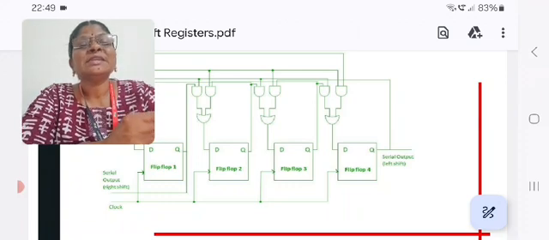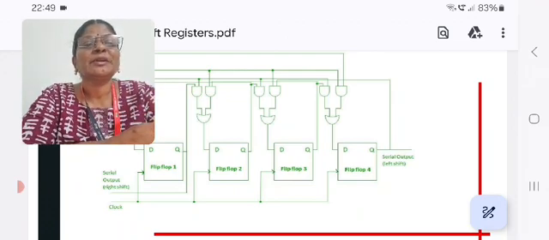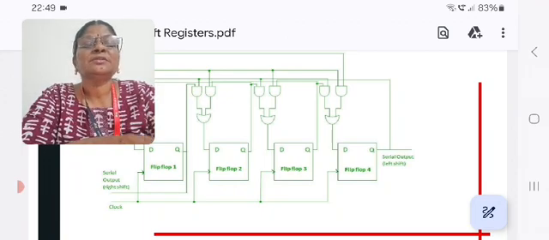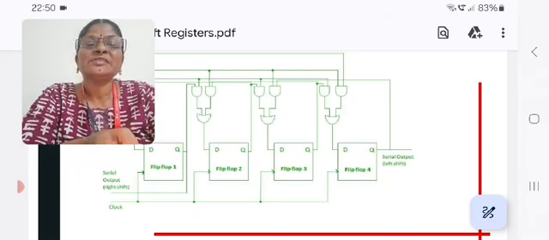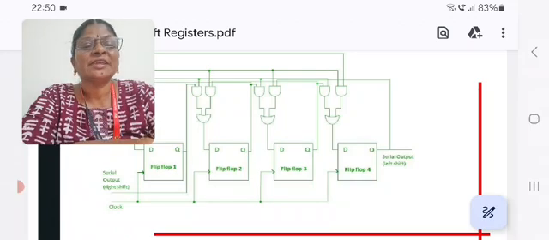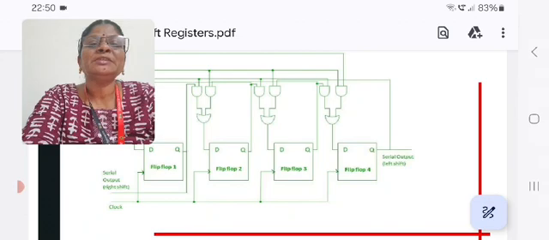If the mode selection is 0, shift right will be disabled, and your data will be moved from right to left, that is, shift left. So the input on the left side is for shift right and the output on the right side is for shift left. If mode is 0, shift left operation takes place, and if mode is 1, shift right operation takes place.